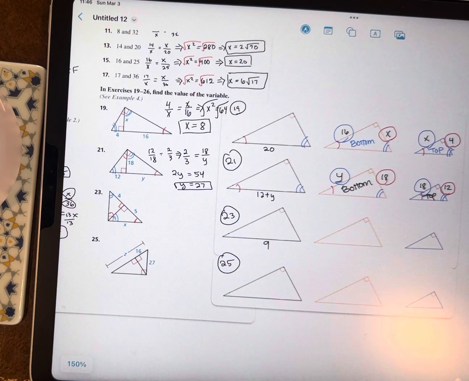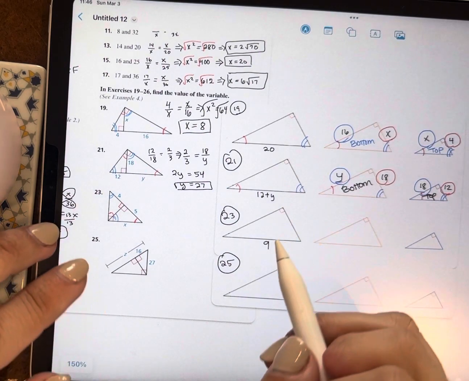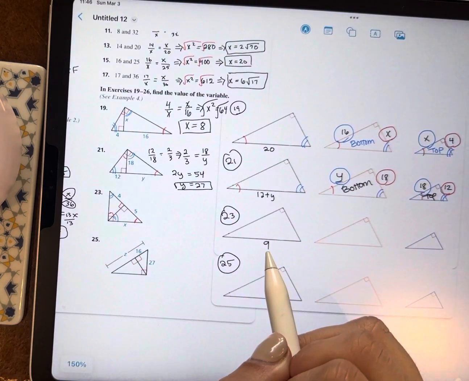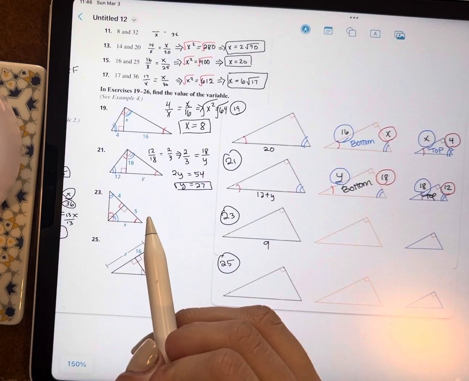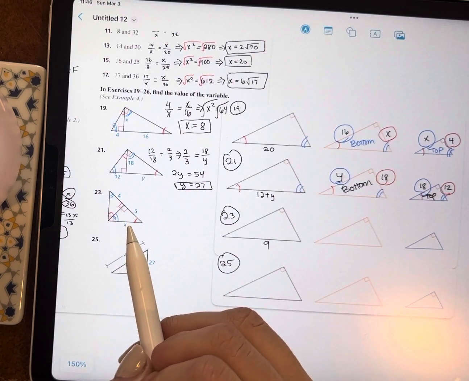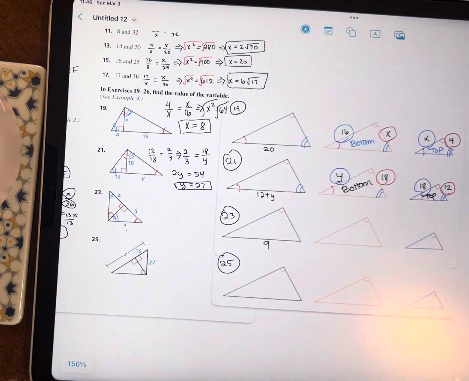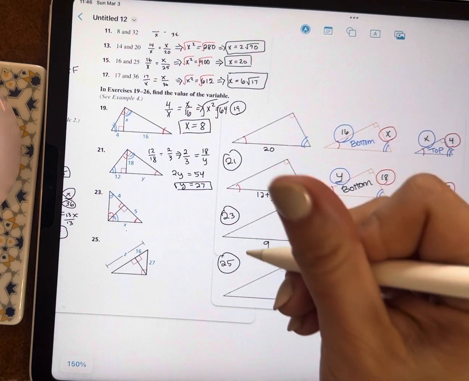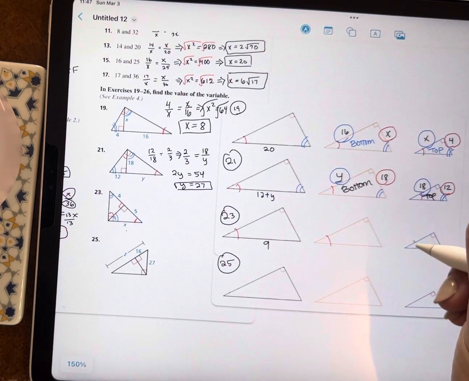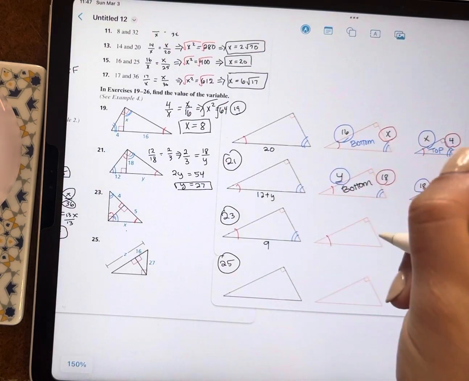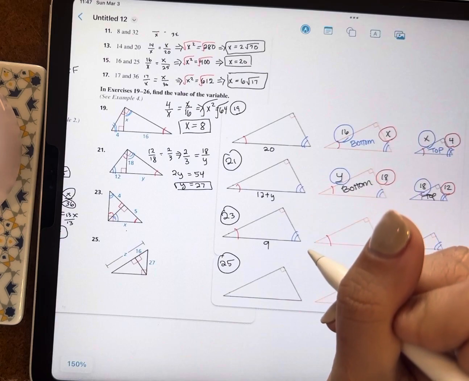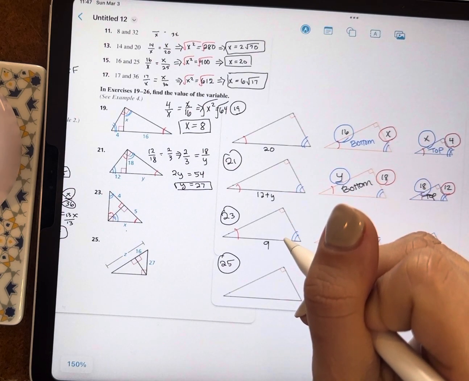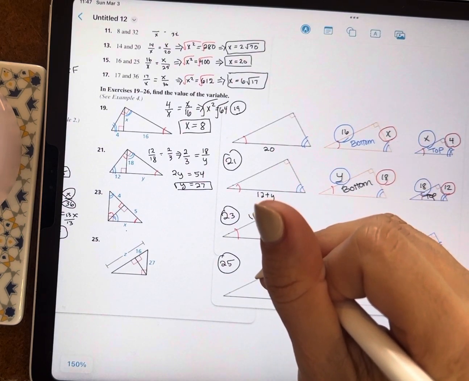Okay, so on the large triangle, that's 9. And then the side across the blue angle on my largest triangle is x. Oh, and I didn't do this. The side across the blue is x.